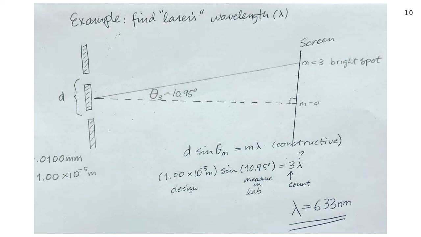And so you measure, and let me do another line here out to my, and let's say that you do all of your trig, and you figure out that theta subscript 3 is 10.95 degrees.